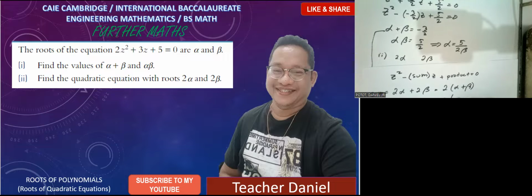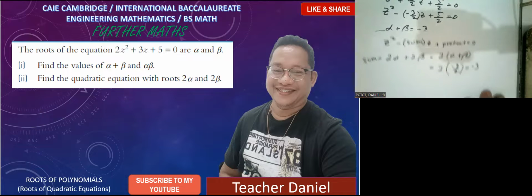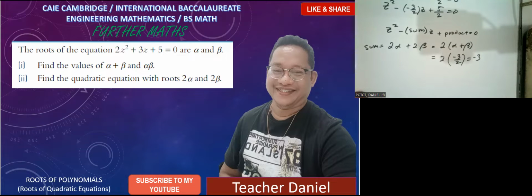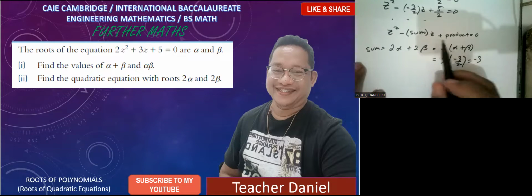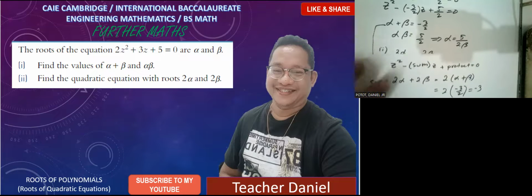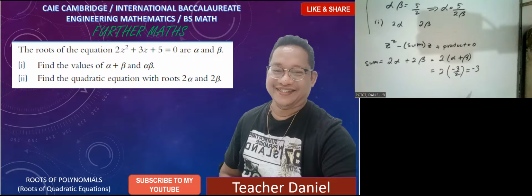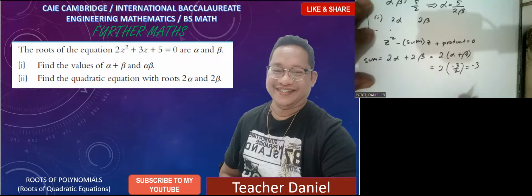So that is now 2 times negative 3 out of 2. You cancel the 2, that's actually negative 3. Oh, it's not visible. All right, now let's look for the product. So it says 2 alpha, 2 beta.